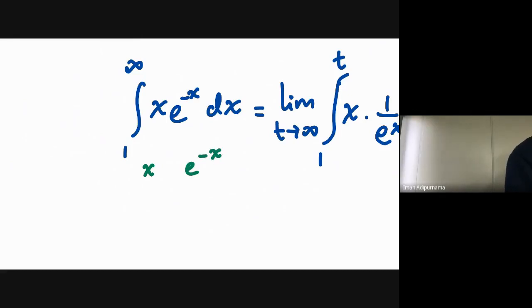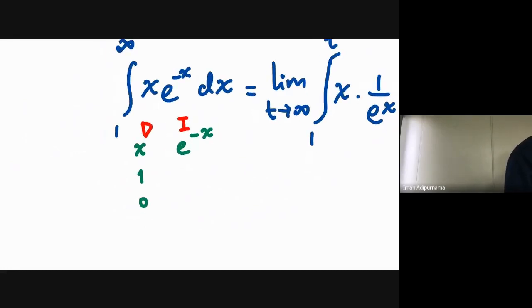This one I call D, this one I call I. The one with D, I need to differentiate until 0. The one with I, I need to integrate. Okay, we go here and we go here. Okay, integrate. And then add plus, minus, plus.